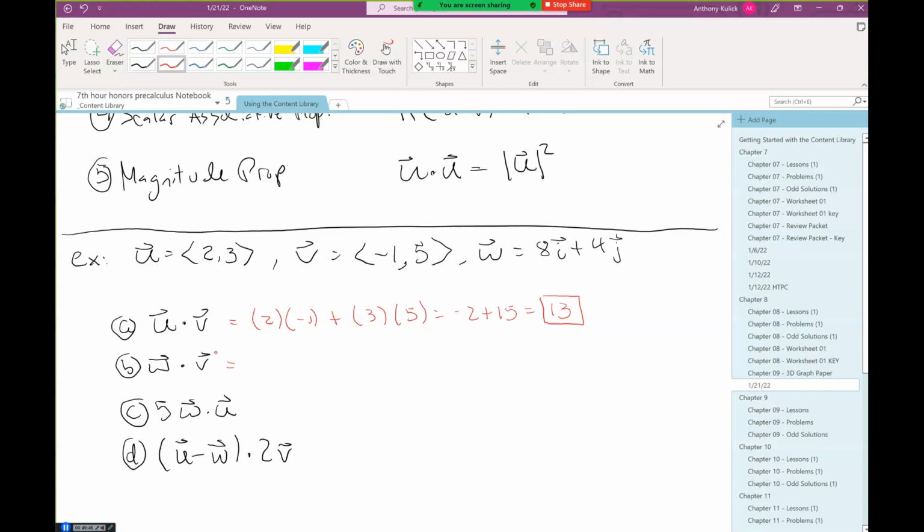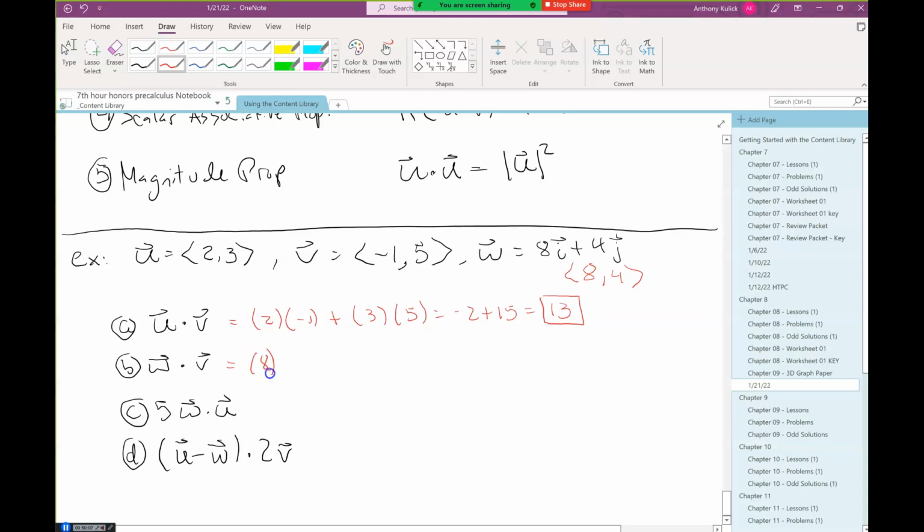I'm just going to convert w to component form. So just 8, 4, right? The coefficient on the i is your x component. The coefficient on the j is your y component. Okay, well that's easy enough then.